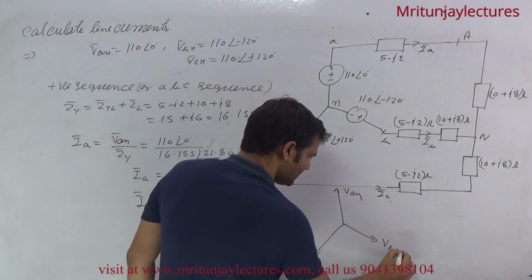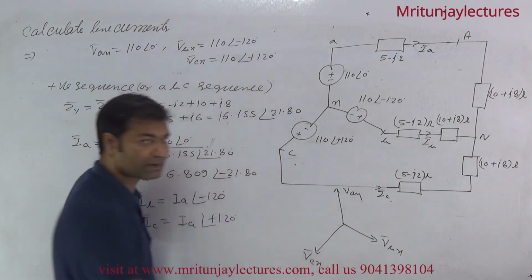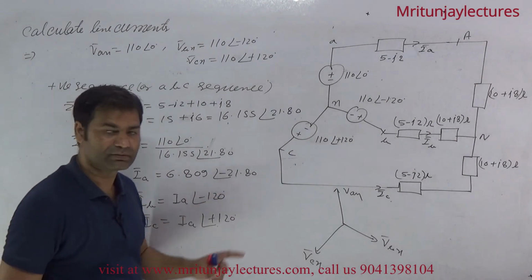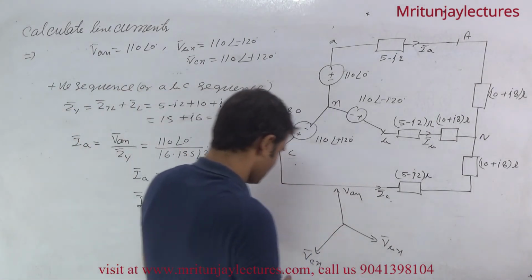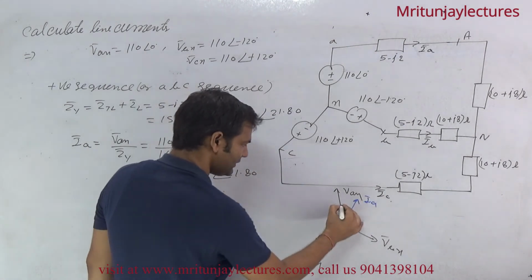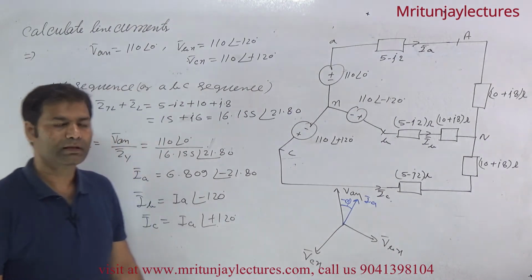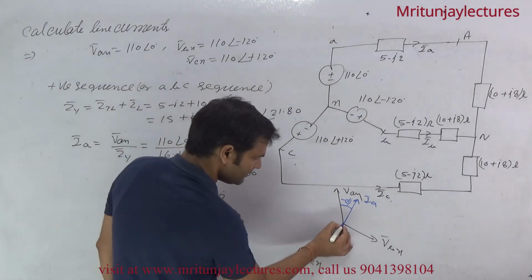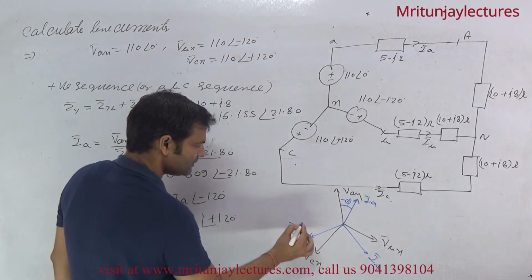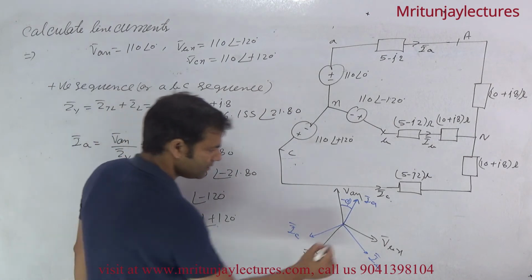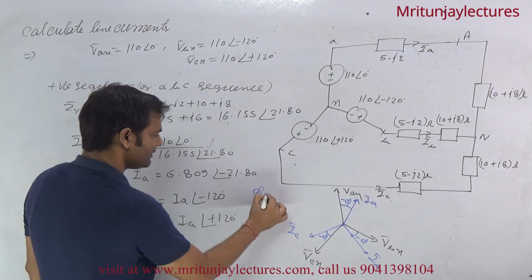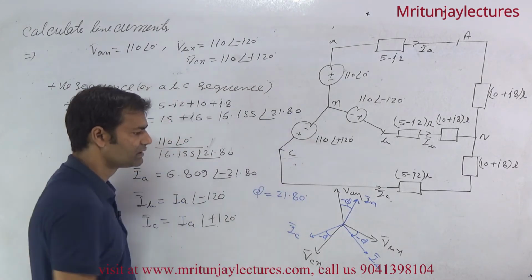First of all, it is clear. What about IA? The current IA flows like this. What about IB? Same. And what about IC? Same. Clear? My phi is 21.80.